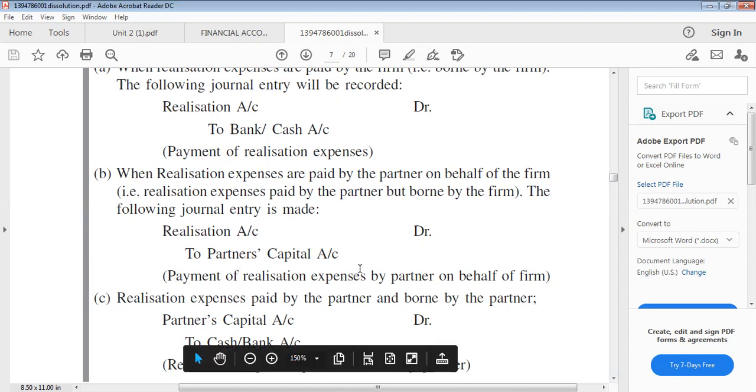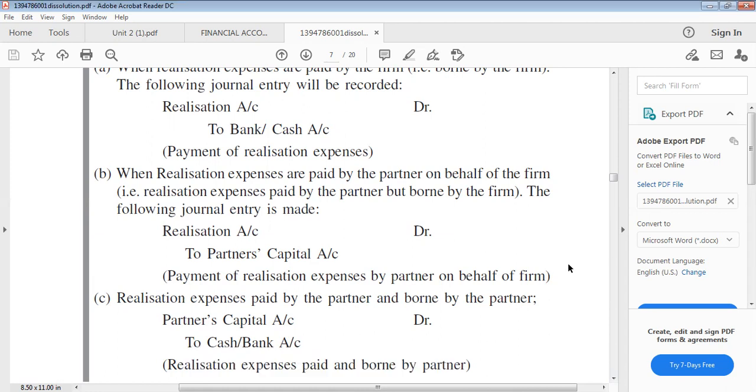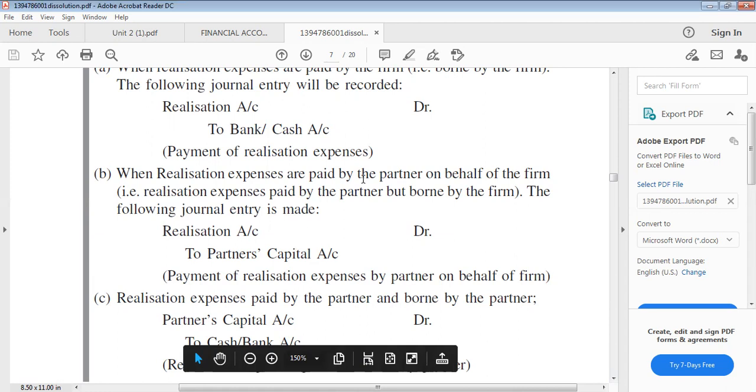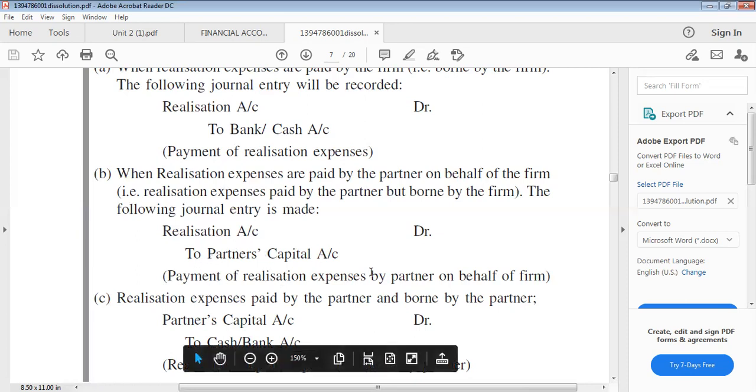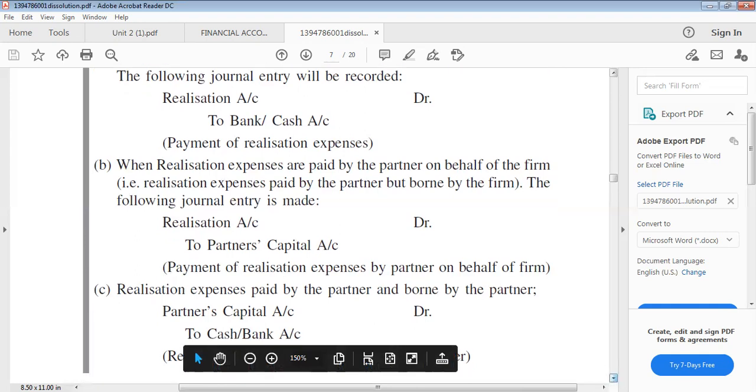Payment of realization expenses by partner on behalf of the firm.